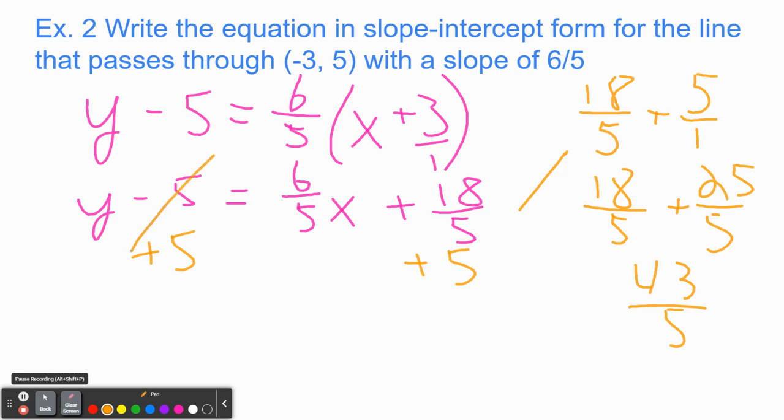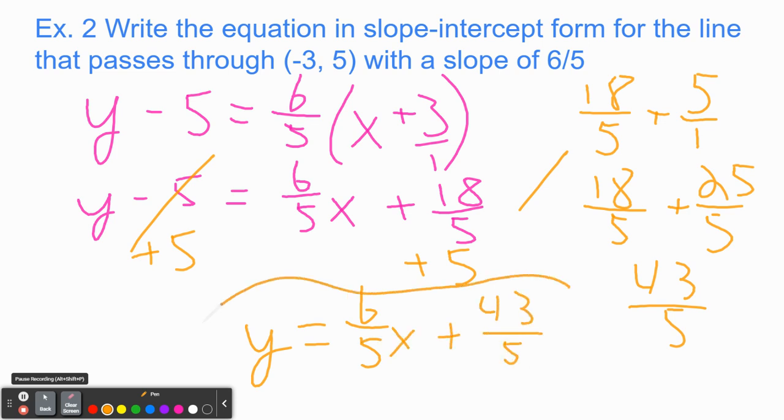This cancels out. My slope-intercept form, y equals 6/5 x plus 43/5. Couple steps there, but in the end, we end up with our slope-intercept form.